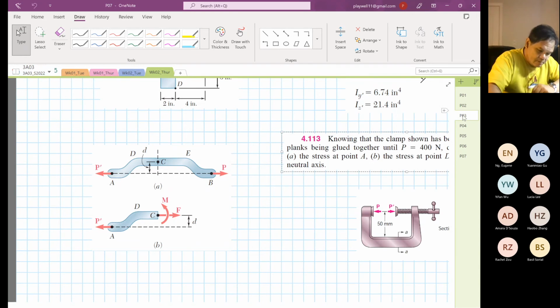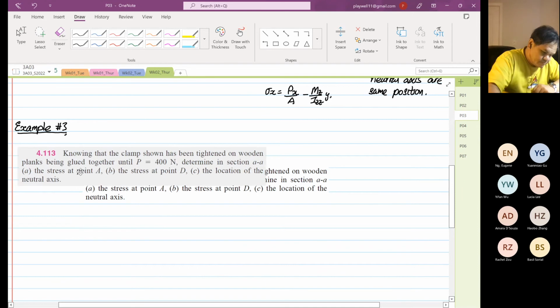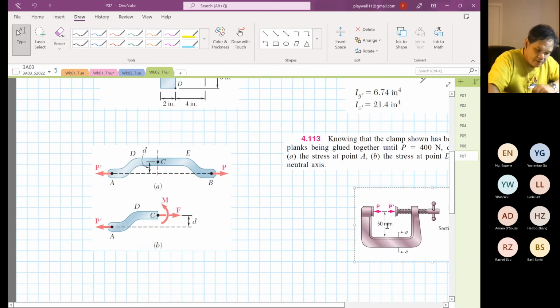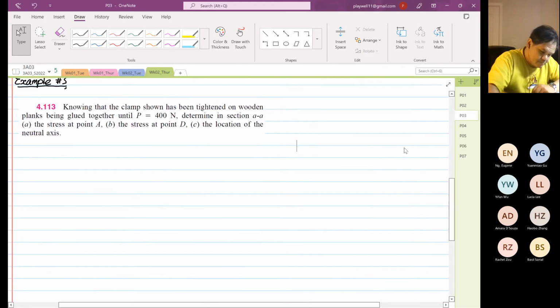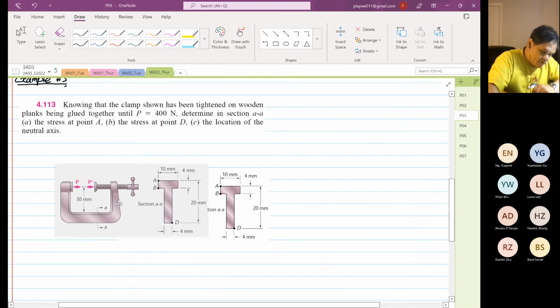Copy. And we're going to get the diagram. Okay.